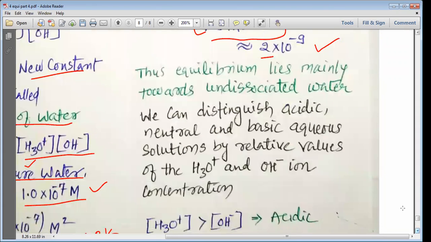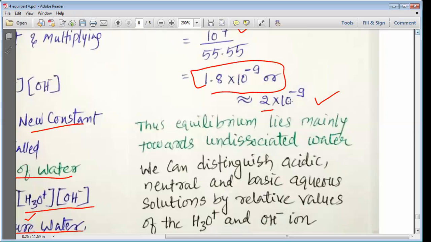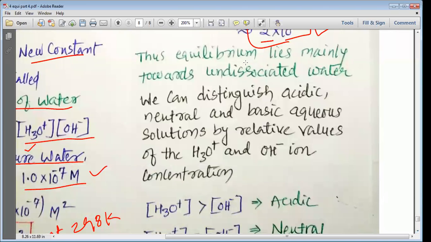Thus, equilibrium lies mainly towards the undissociated water. So, looking at this value, which is of the power 10 to the power minus 9, we can say that the concentration of water which is dissociated is very small, and most of the water remains undissociated. So this is how we can say that the self-ionization of water takes place.